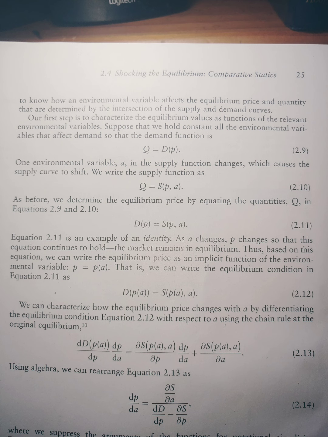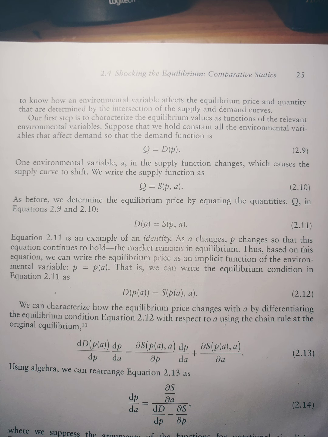Suppose that we hold constant all the environmental variables that affect demand, so that the demand function is Q = D(P), equation 2.9. The environmental variable A in the supply function changes, which causes the supply curve to shift.